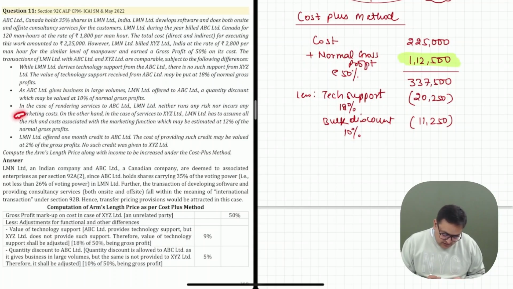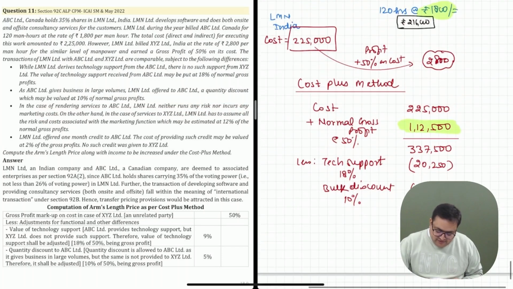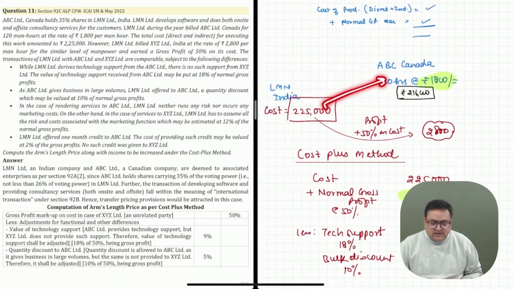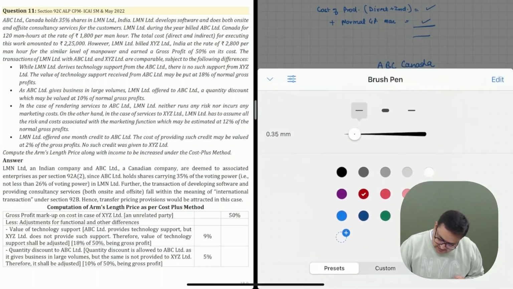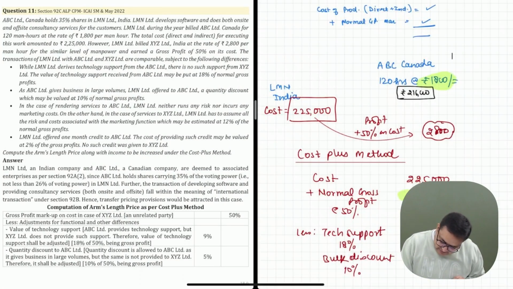Now, next, in case of rendering services to ABC, Element neither runs any risk nor incurs any marketing cost. Okay. So whenever we render services to ABC, there is no risk and no marketing cost.